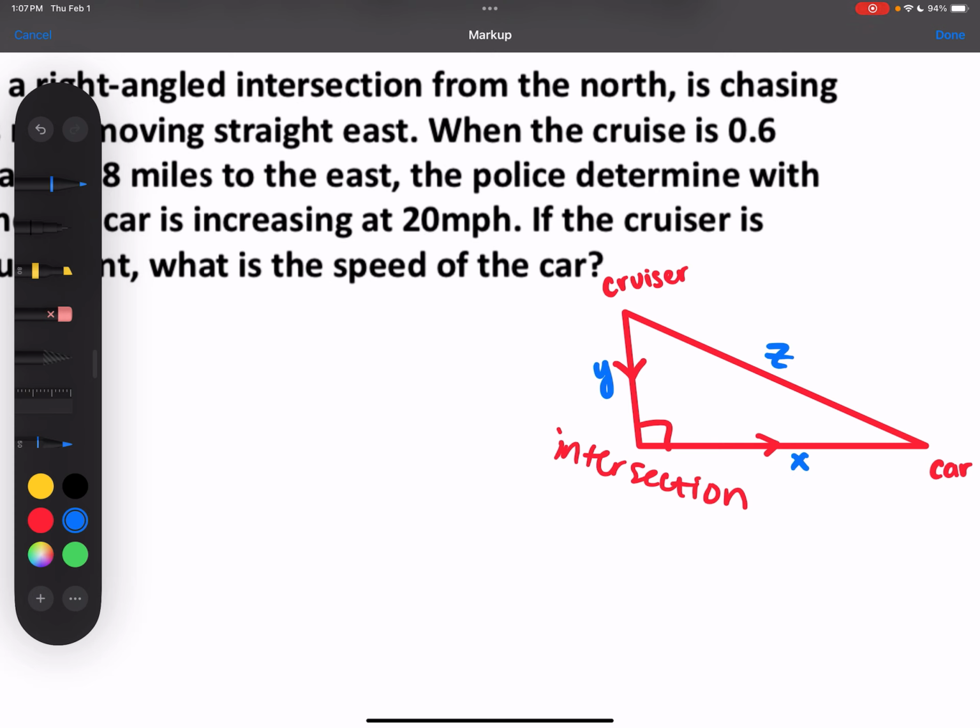We usually try to use X, Y, and Z or W, X, Y, Z or something like that because we want letters that are typically thought of as variables. So we're going to set it up with things that we know and things that we don't know. So I'm going to do X, Y, Z. And then I'm also going to have dx dt, dy dt, and dz dt.